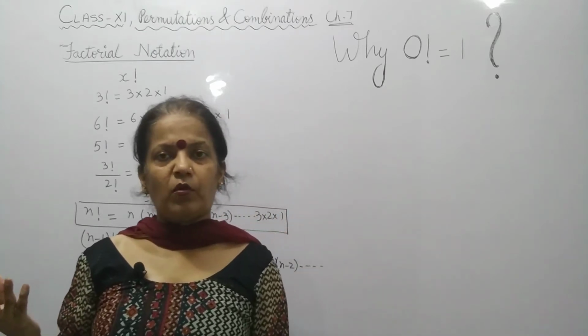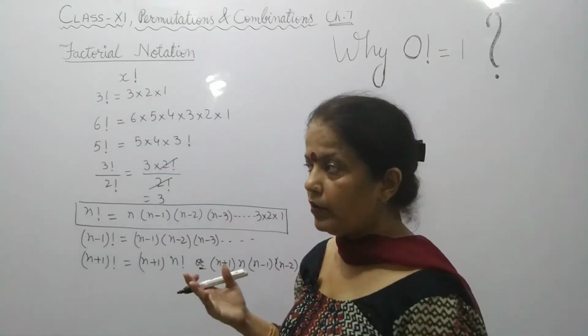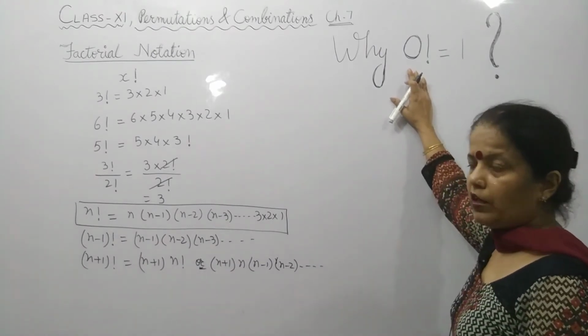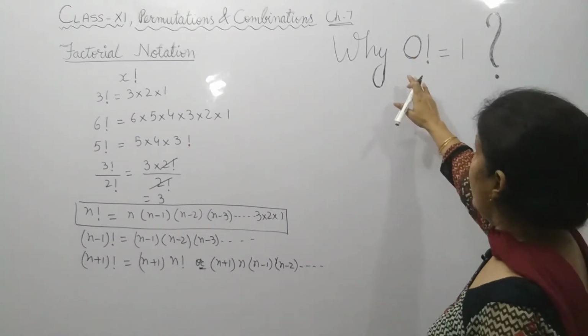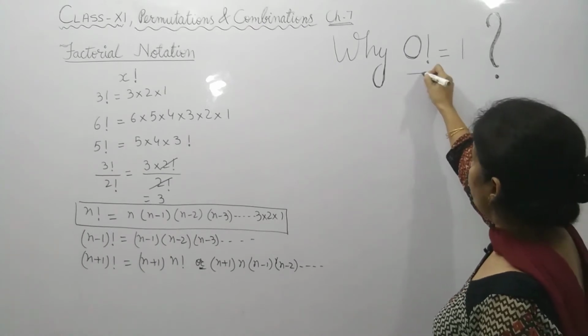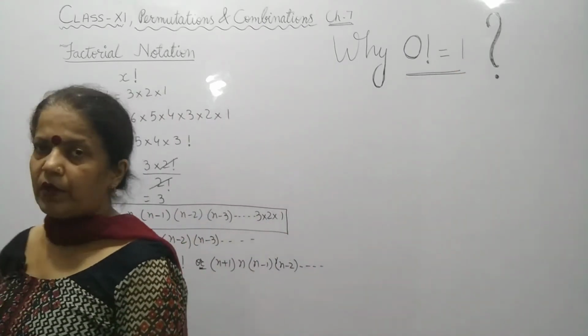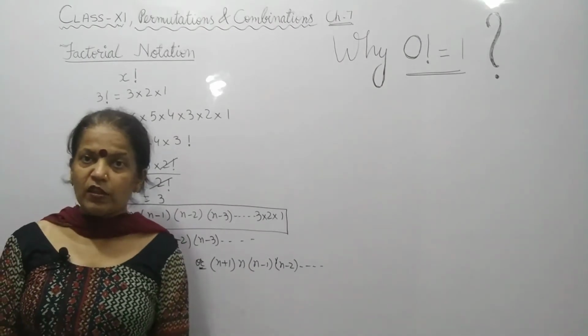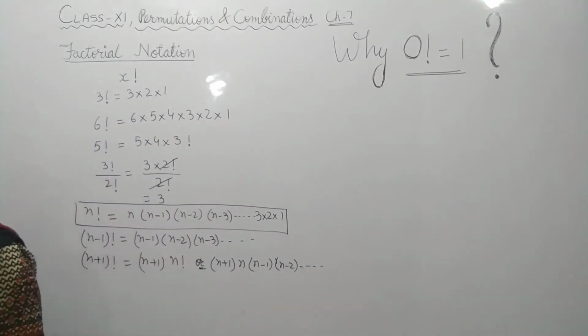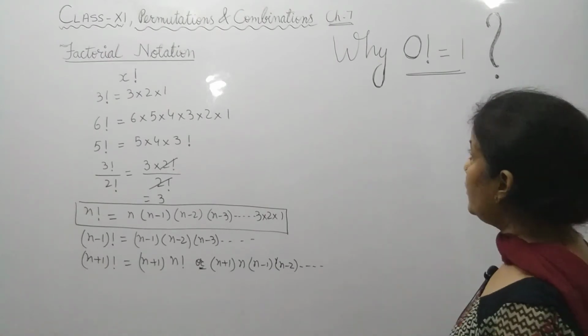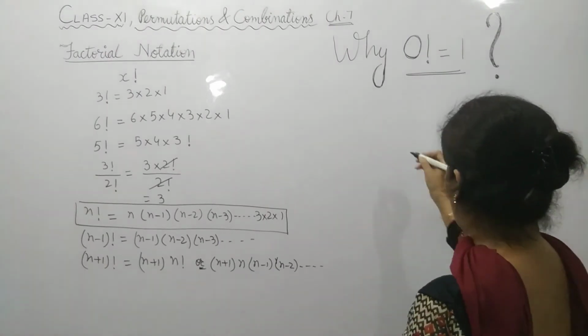In the same way, here we will discuss why 0 factorial value is 1. You have to remember that 0 factorial is 1. But why is it so? Why is 0 factorial 1? Let's go for this concept.